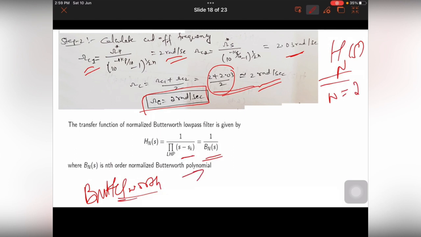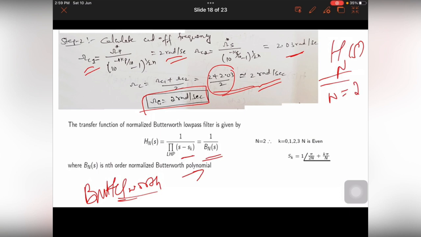Here N is equal to 2, we are getting 4 poles, and we have to choose the 2 poles located in the left half. The procedure is different for N odd, whereas for N even, the procedure remains the same.